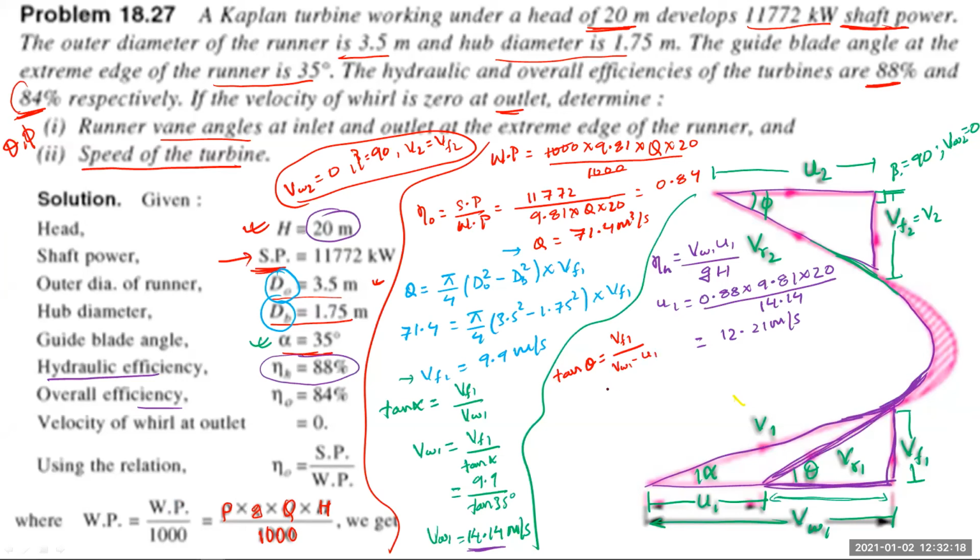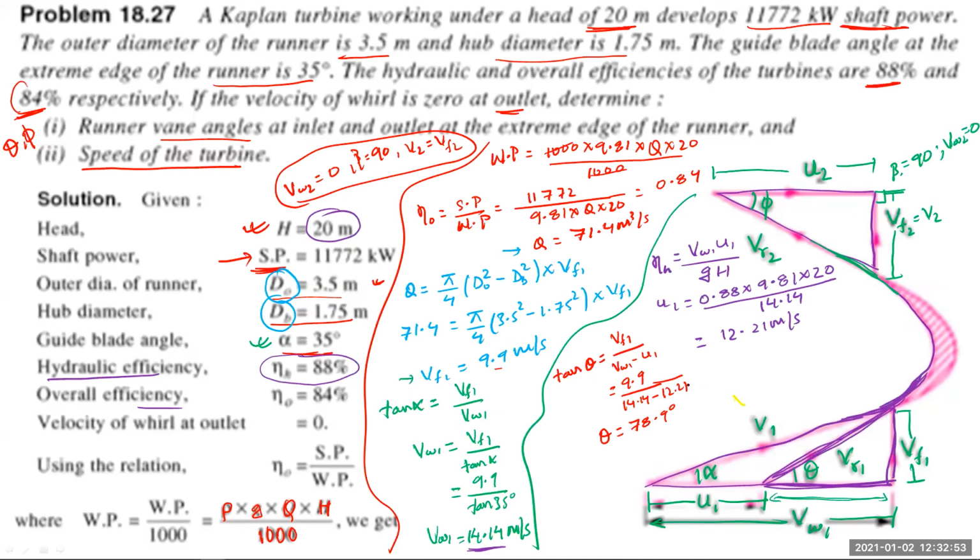You know all the values, substitute them and get the value of theta. VF1 is here, 9.9, divided by VW1, which is 14.14, minus U1, which is 12.21. So you solve this fraction and you will get theta equals 78.9 degrees. Okay.